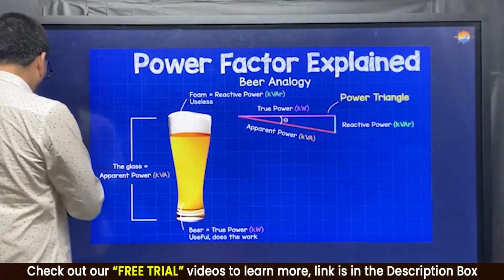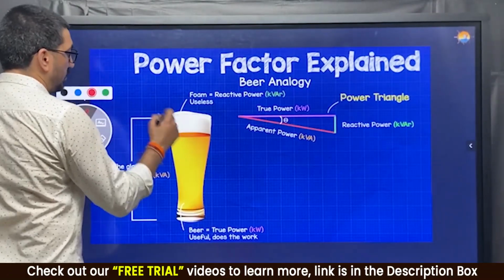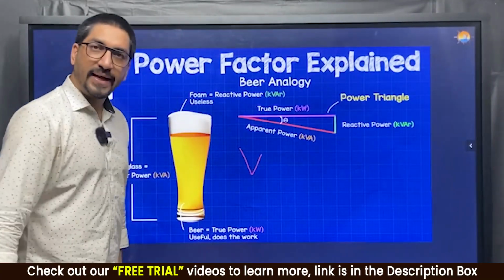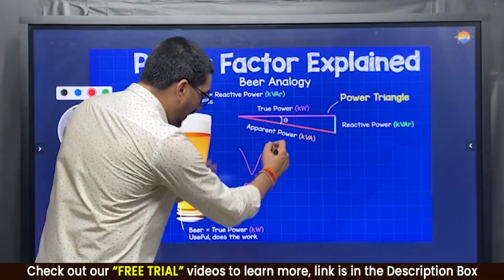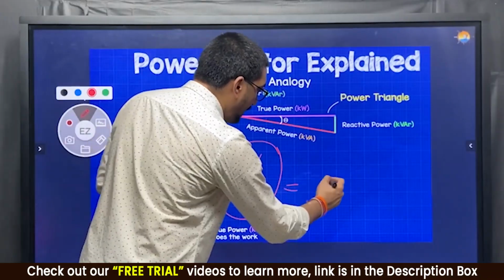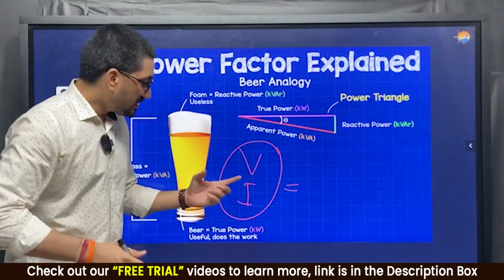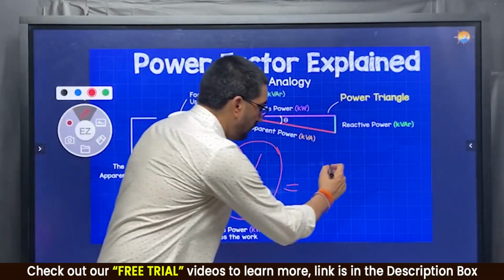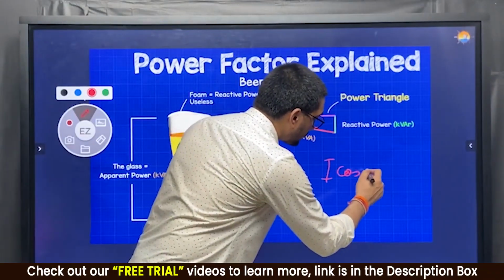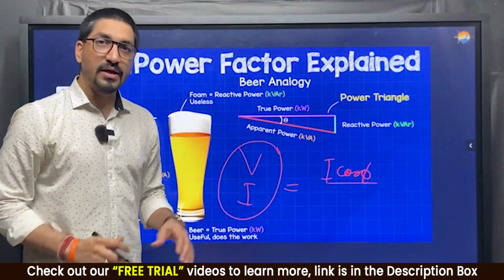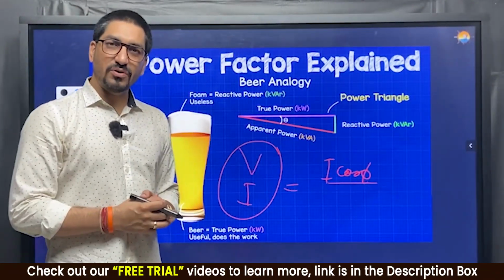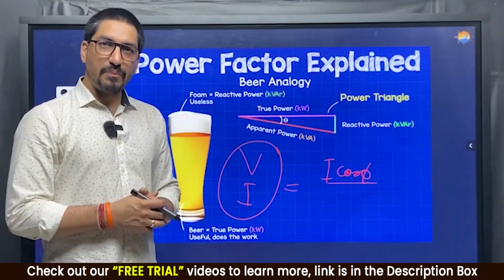That means my alternator can provide voltage, it can provide current, and multiplication of both of them is my apparent power. But some portion of the current, I cos theta, is the one that is taking part in load transfer to the motors and other equipments.